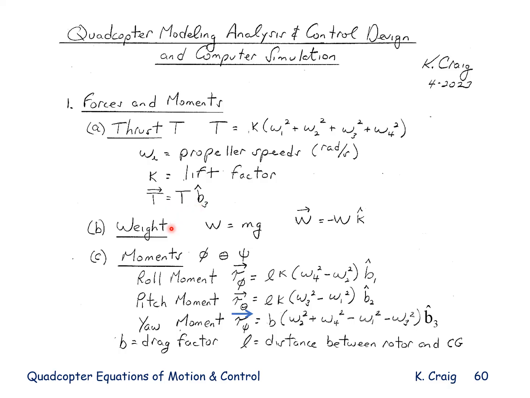The weight is equal to mg, and its direction is in the minus k hat direction. The roll moment, pitch moment, yaw moment are given here as shown, where L is the distance between the rotor and the CG, and it's the same for all four propellers, and B is the drag factor.